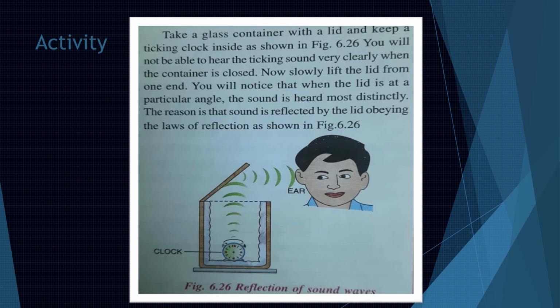So now you have to slowly lift the lid from one end and you will notice that when the lid is at a particular angle, the sound is heard most distinctly. As shown in the diagram, when the lid is at a particular angle, the sound is heard most distinctly. The reason is that sound is reflected by the lid obeying the laws of reflection which we have already seen.